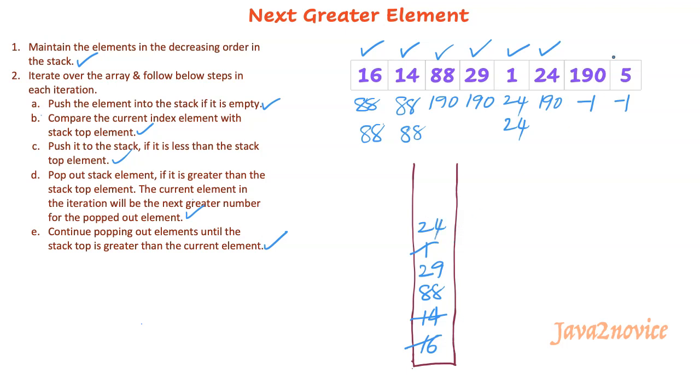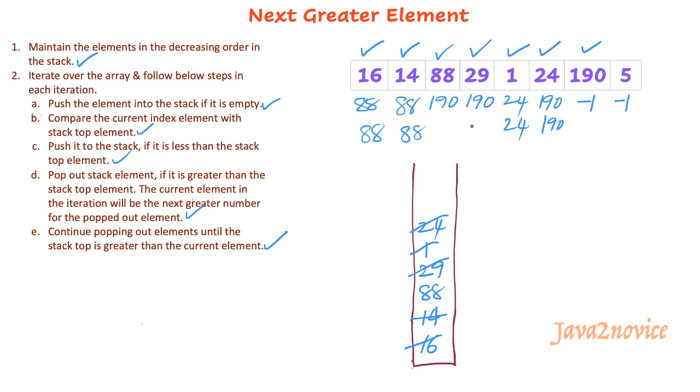In the next iteration, 190 is the number. 190 is greater than 24, so pop out 24. For 24, 190 is the next greater number. We have marked it here. And we will continue comparing with the stack top. 29 is less than 190. Let's pop it out.